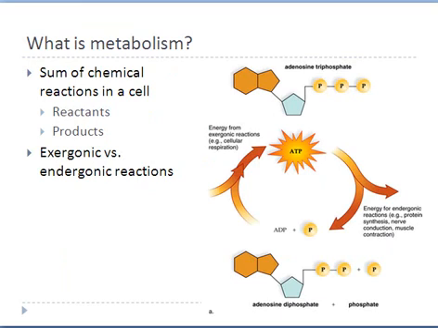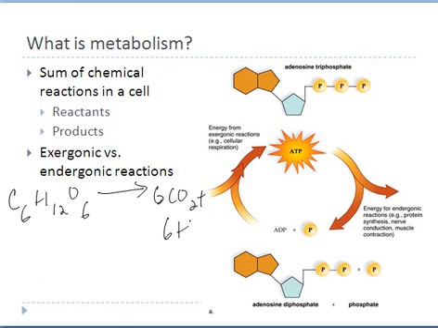Now, if you look at any reaction, for example, let's write down a reaction saying glucose and an arrow, showing a balanced reaction, three parts of this reaction: 6 carbon dioxide, 6 water molecules, and energy.